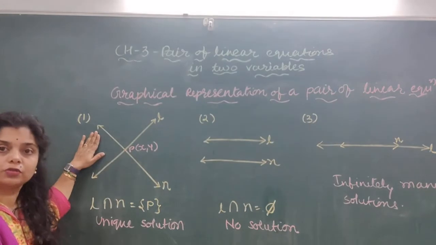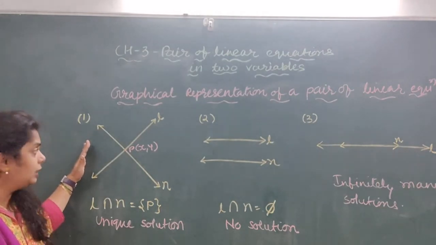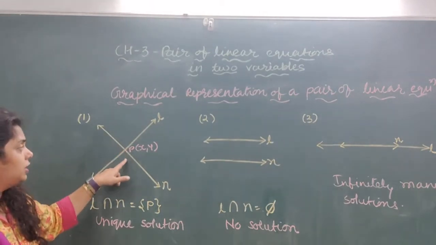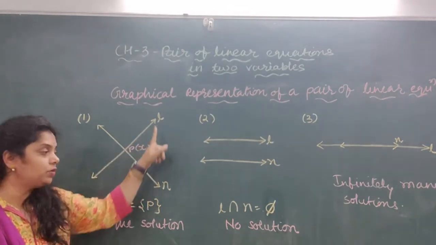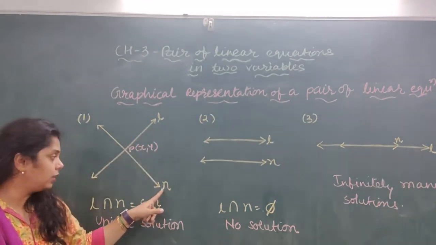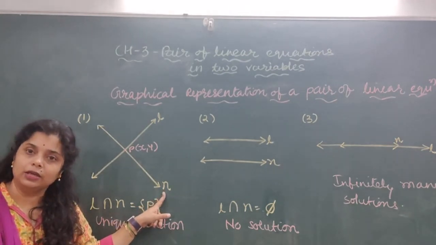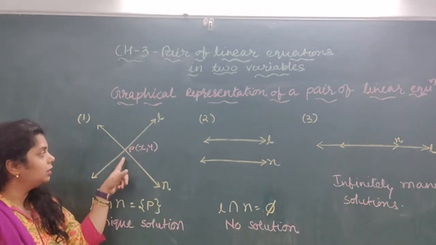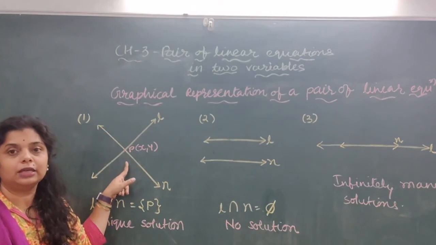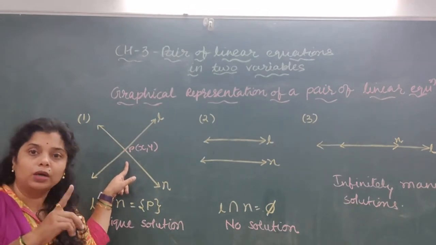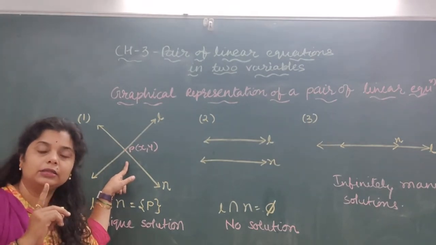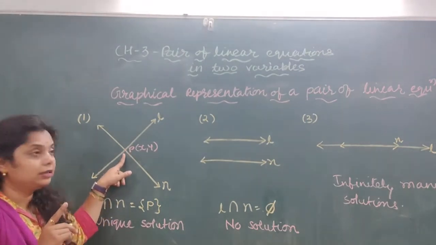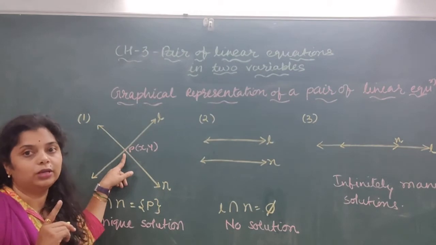Now, what is the first possibility? Here I denoted small l for the first linear equation and small n for the second linear equation. So the first possibility is they intersect at one and only one point. I repeat again, they intersect in one and only one point.